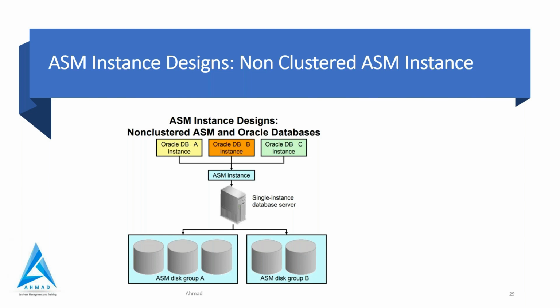So the ASM instance basically manages the metadata and provides space allocation for the ASM files that are created by each database. So this is the work of the ASM instance.